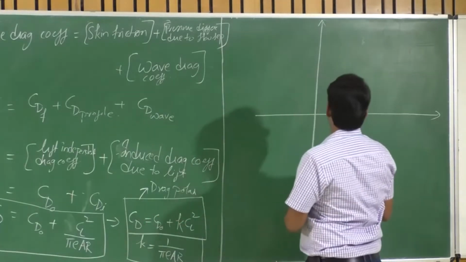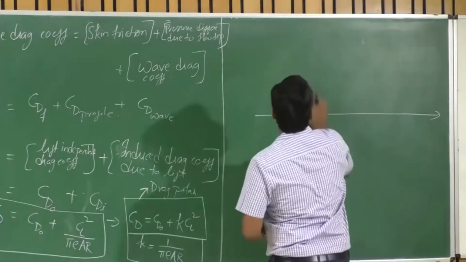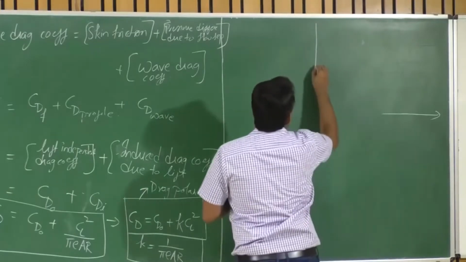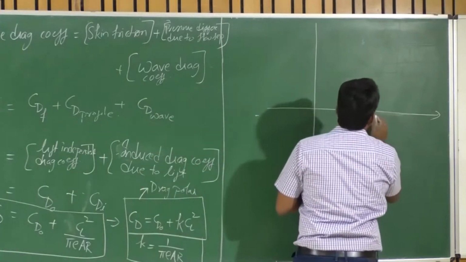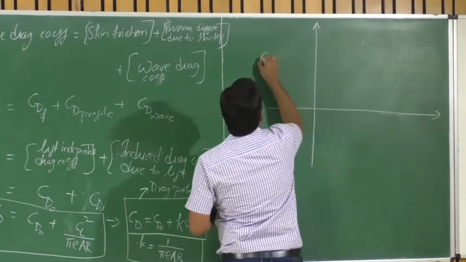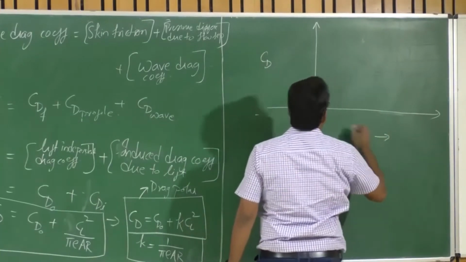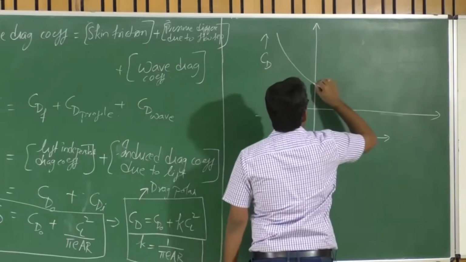So if we have CD on the y-axis and CL on the x-axis, right?